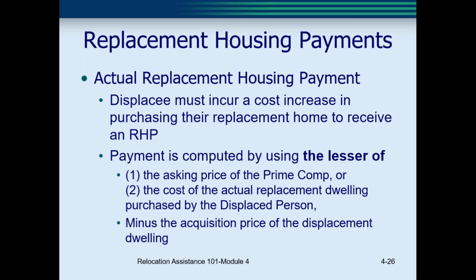So the differential payment is computed by the lesser of: either the asking price of the comparable dwelling, your prime comp, or the actual cost of the replacement dwelling purchased by the displaced person, minus the acquisition price of the displaced dwelling. So let's go over an example.